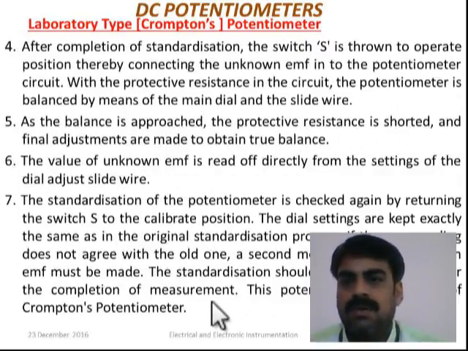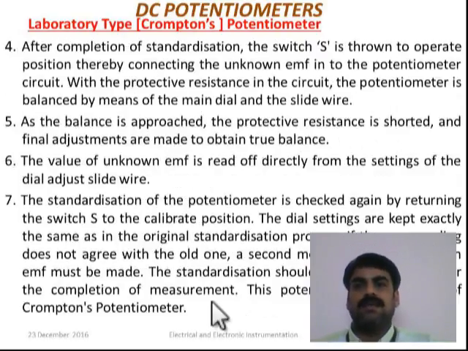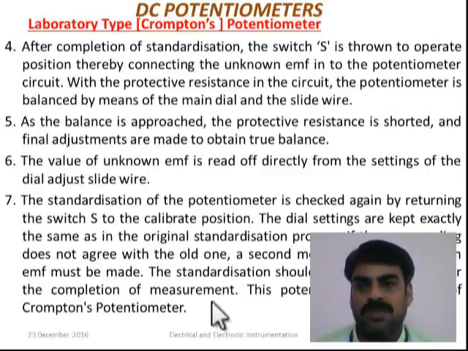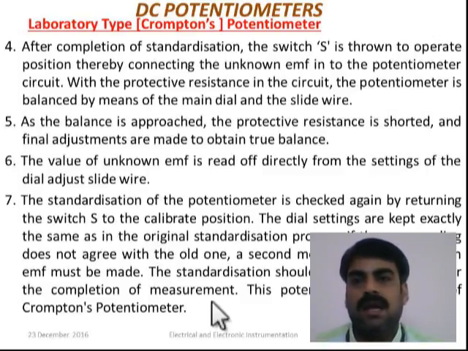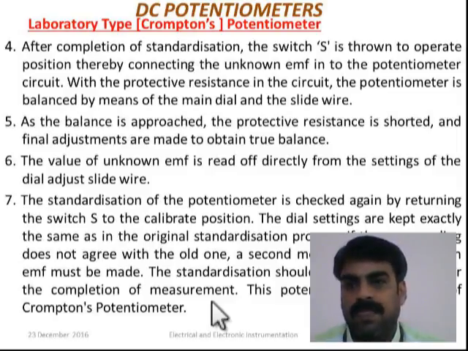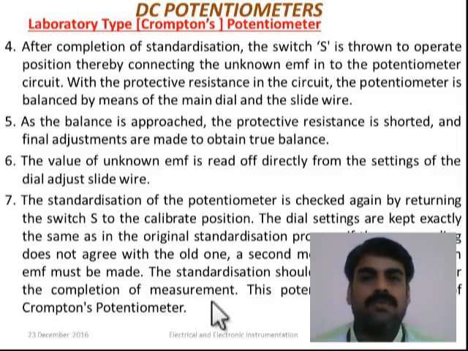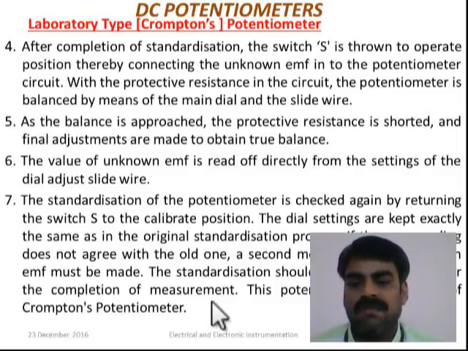Next step, after completion of standardization, the switch S is thrown to the operate position, where we connect the unknown EMF which is to be measured, with the protective resistance in the circuit. Only when the galvanometer approaches null balance do we short circuit the protective resistance, by which we are able to increase the sensitivity of the galvanometer. But whenever we start a fresh measurement, we have to include the protective resistance in the circuit to protect the meter.